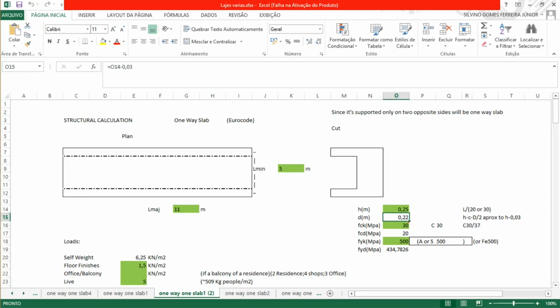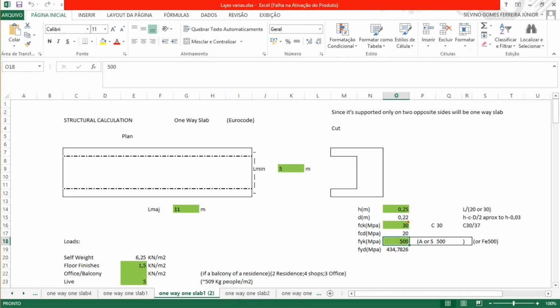For this concrete we're gonna use the resistance of 30, so it's C30/37. For steel we're gonna use A500 or S500. It can be designated in some manufacturers of iron rods by other designations depending on which country it is manufactured.